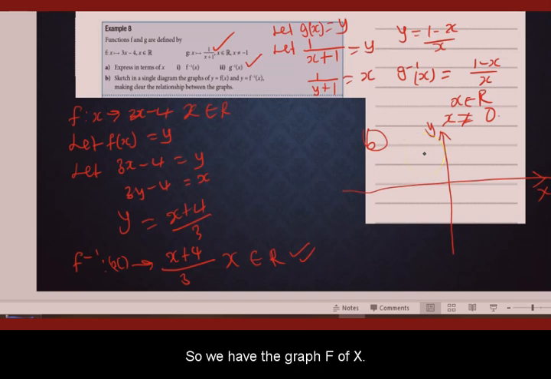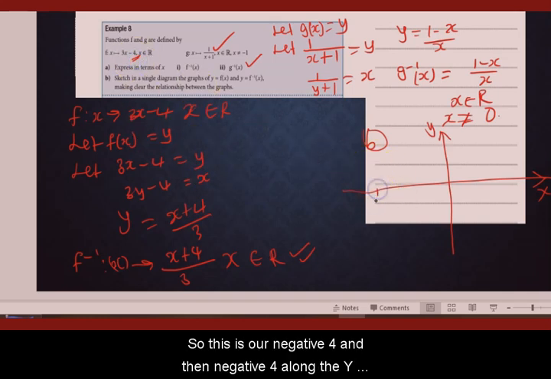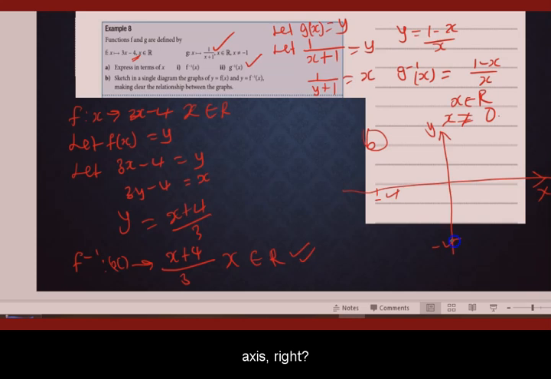So we have the graph of f of x. Remember, we start with -4. This is our -4, and then -4 along the y-axis.